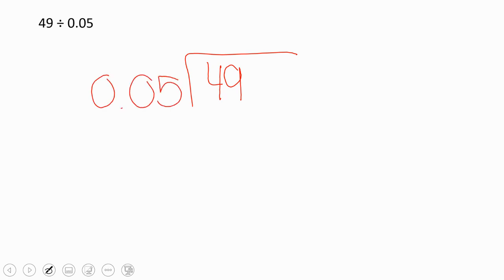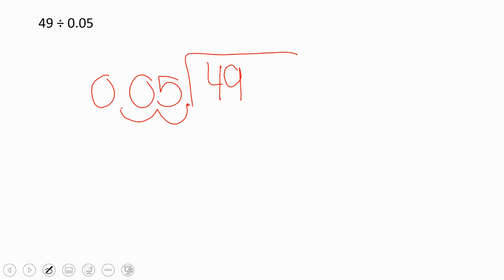So I have 2 problems. First, we're going to do 49 divided by 5/100. I like to first set it up into a division problem, but it doesn't matter. I'm going to move my decimal point to make it a whole number.